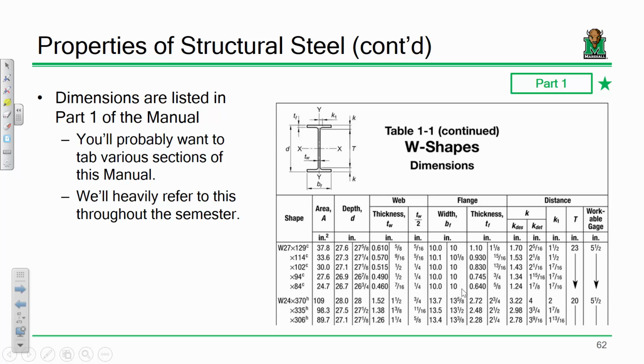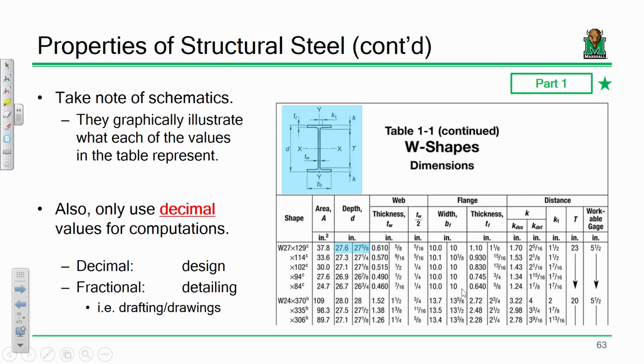If you look at this table, it lists the dimensions of each of these shapes, and it lists them a couple different ways. First thing I want you to notice is that it lists everything. For instance, if I'm looking at a W27 by 129, it will tell you the cross-sectional area, how deep it is, how thick the web is, the width of the flange, and the thickness of the flange.